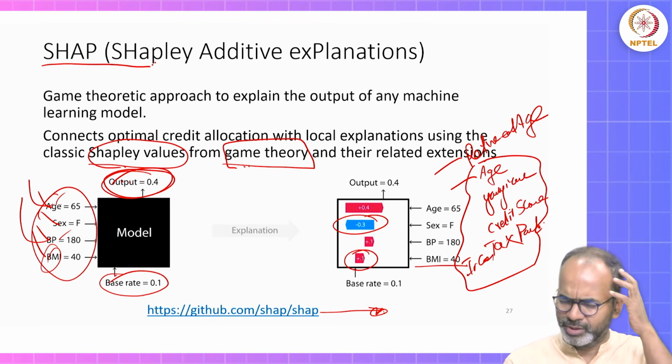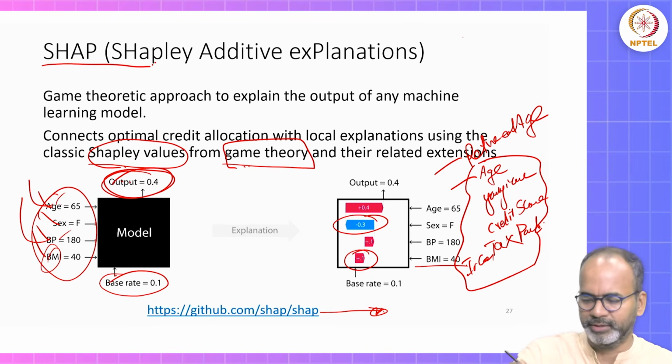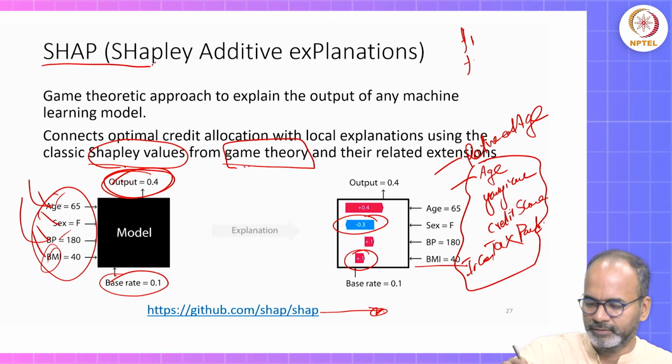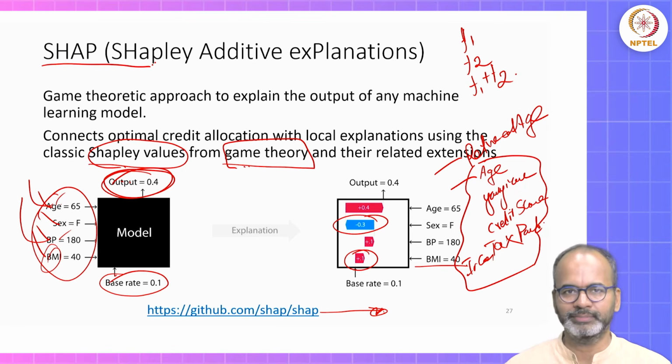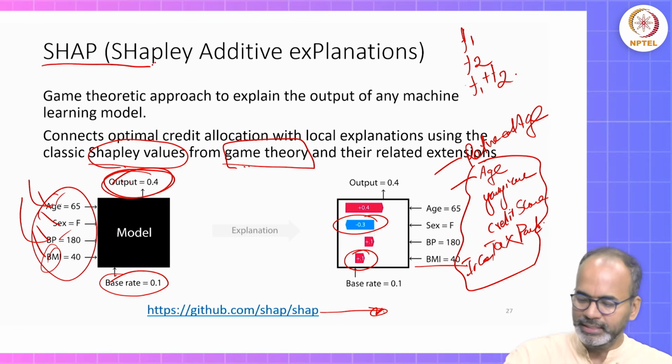And if you think of the word called ablation studies that people say, right? You want to look at the effect of feature 1, feature 2, feature 1 plus feature 2, right? So the Shapley values help to understand the interlinking also.